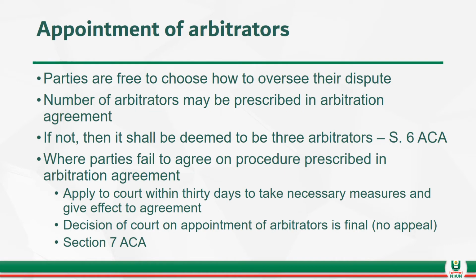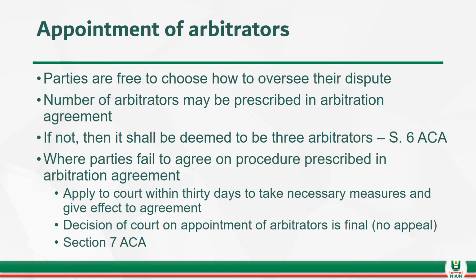The arbitral tribunal starts with the appointment of the arbitrators. And of course, you know that parties control their proceedings, so parties can decide how they want the arbitrators to be appointed. Where there's an agreement of that sort, it will be expressed in the arbitration clause.